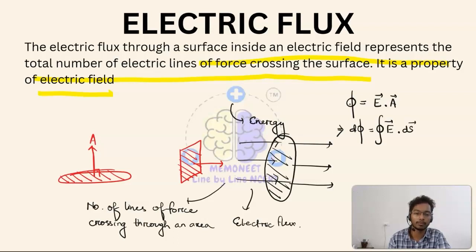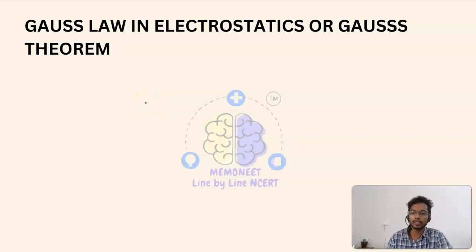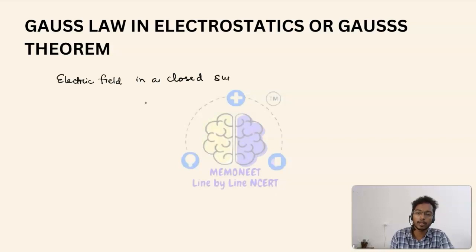So it is defined for the closed surface. Flux is Q enclosed upon epsilon naught. Gauss's law of electrostatics gives the relation between the electric field in a closed surface and the charge enclosed within the Gaussian surface.